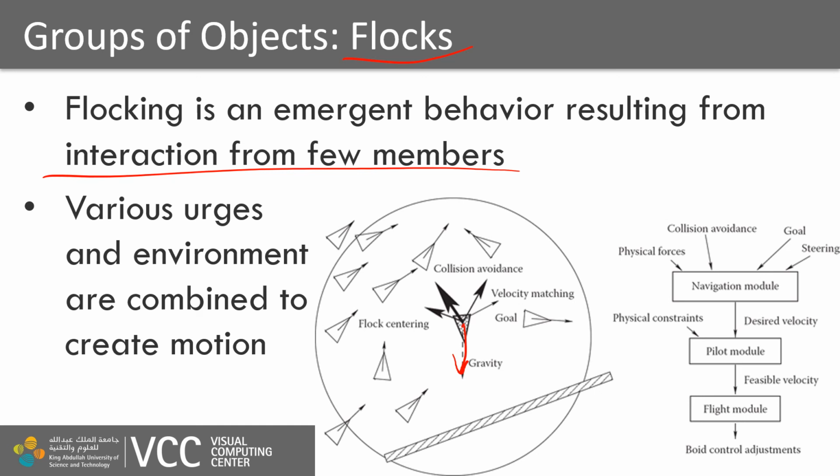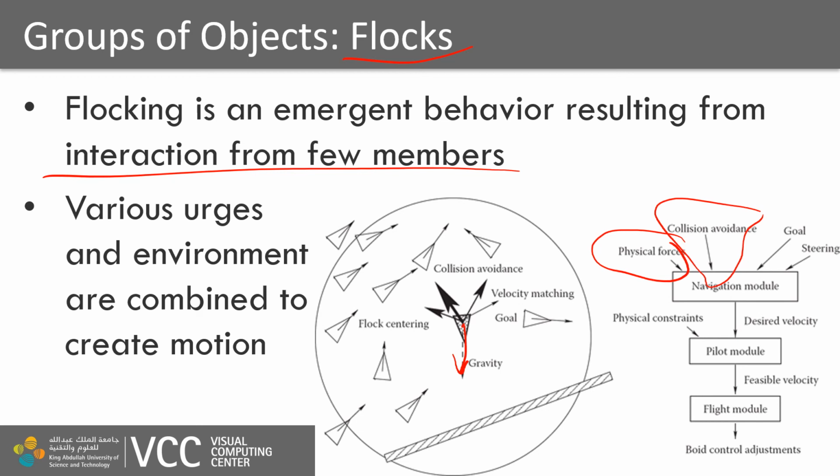We typically would have several aspects which are influencing the motion. As I said, there are some physical forces which are affecting the motion of a certain object. Then within a flock, the objects do not want to hit into each other, so there is some collision avoidance in the movement.